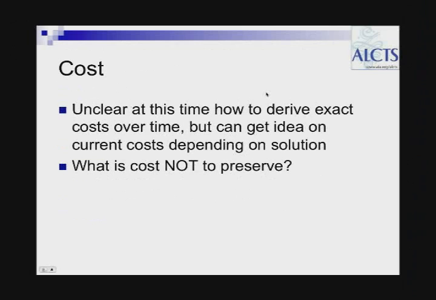So cost is another C. It's unclear how to derive exact cost at this time, and maybe we'll get a better handle on that as time goes on. But technology costs are always changing, and so we need to have more of a fluctuating view of cost. But we can get an idea of current costs depending on our solutions.